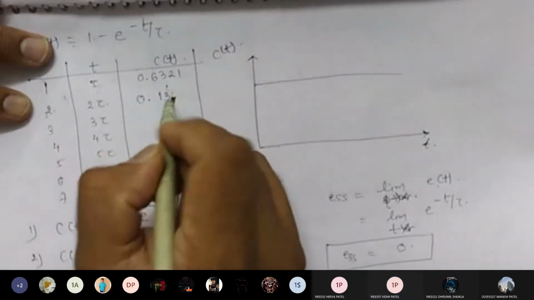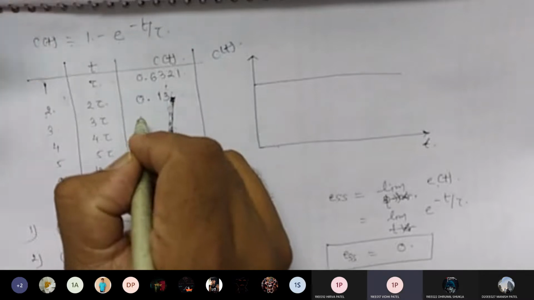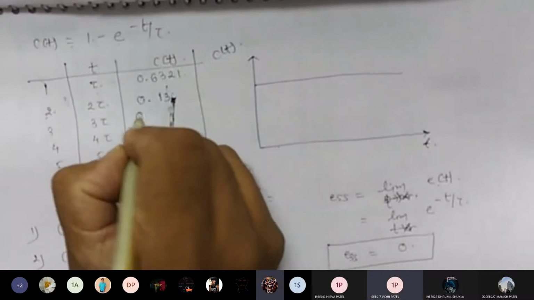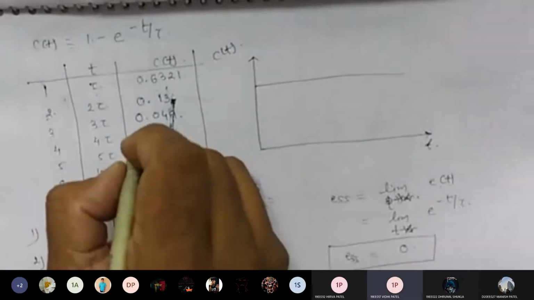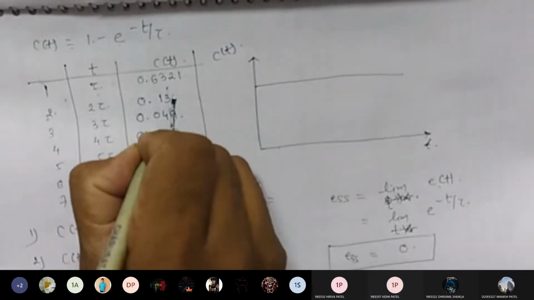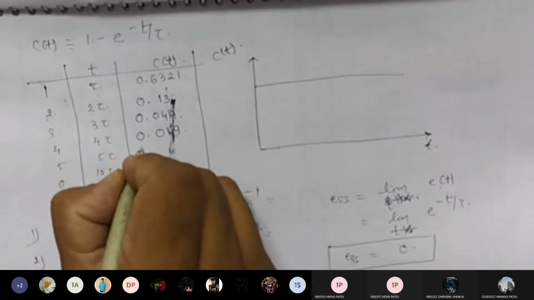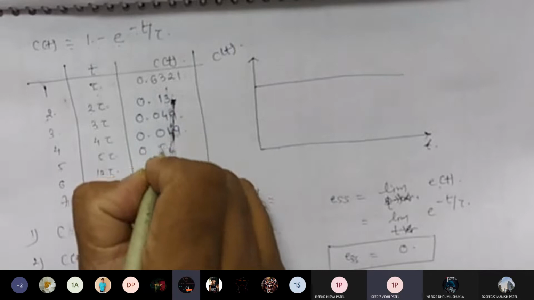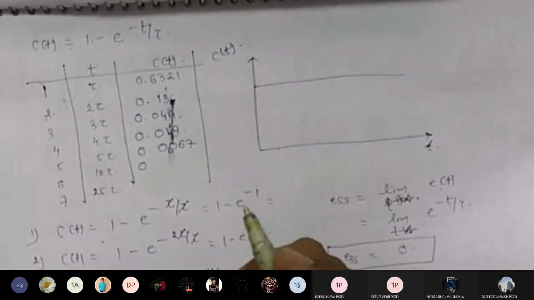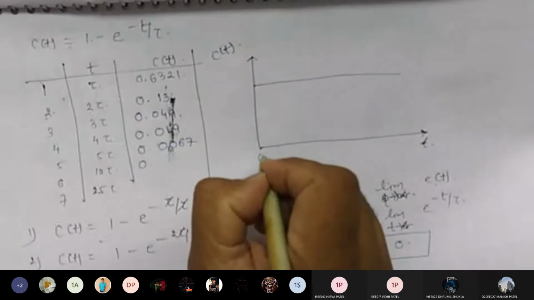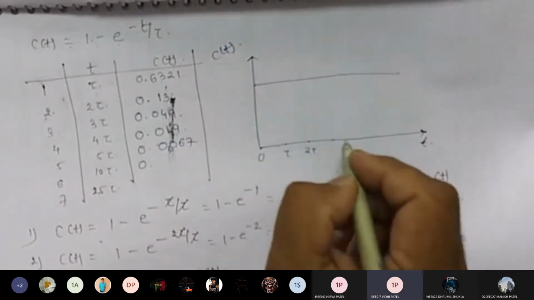At 3 tau, 0.049. At 4 tau, 0.018. At 5 tau, 0.0067. At 10 tau, 4.53 into 10 raised to minus 5.